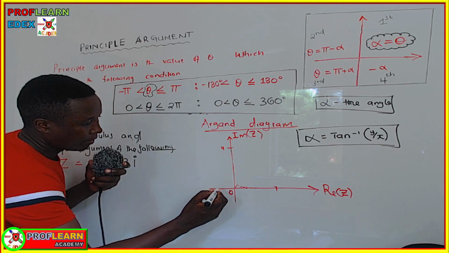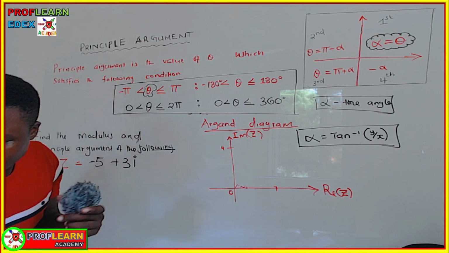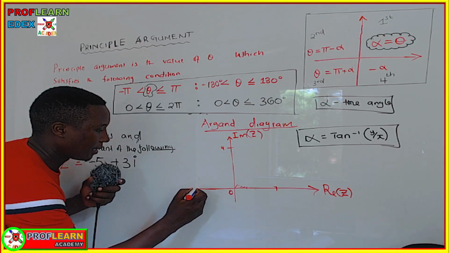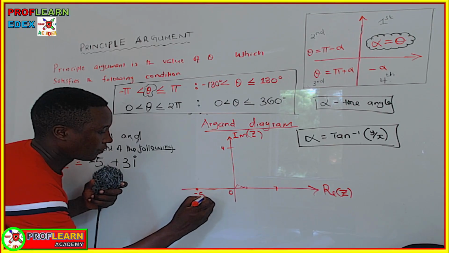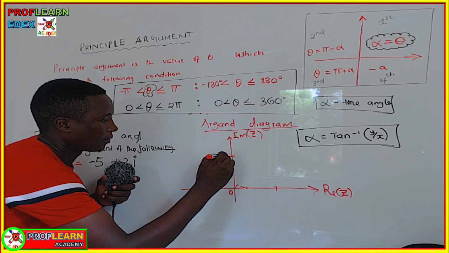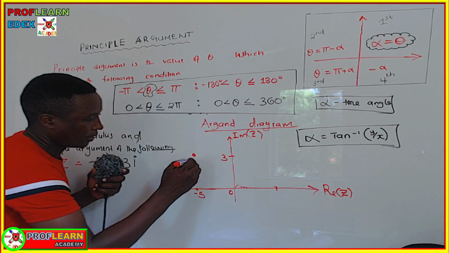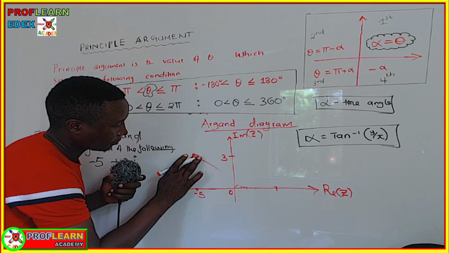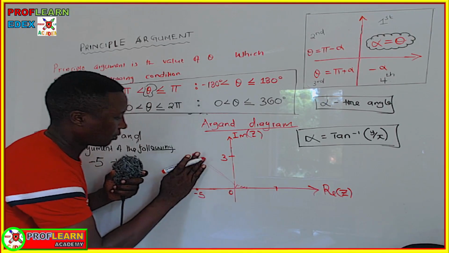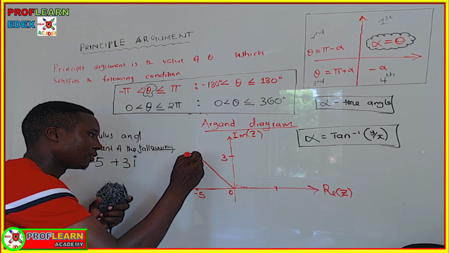If you plot this complex number on the Argand diagram, you are going to have it here. This is minus 5, and our 3 is at this point. So this number is in the second quadrant.